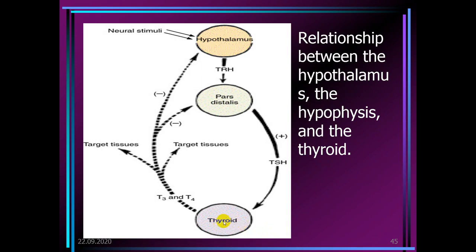If negative, it decreases. The same thyroid gland sends a signal to the pars distalis, to the thyrotrophs, for stimulation or decreasing the production of thyrotropic hormone. And the same for the hypothalamus. So this is the relationship between the hypothalamus, hypophysis, and thyroid gland.